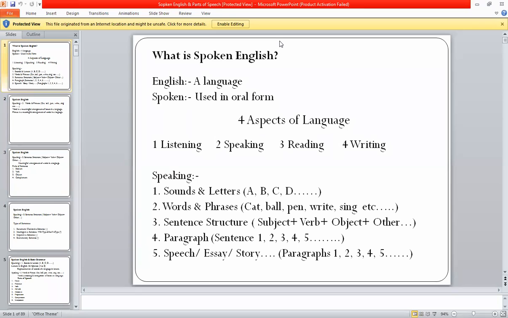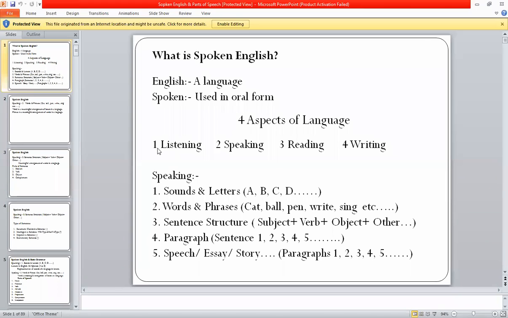This is not only related to the English language. It also relates to any other language that we learn or try to learn. So that's why this becomes very important, and these are the very important four aspects that we learn while speaking this English language.